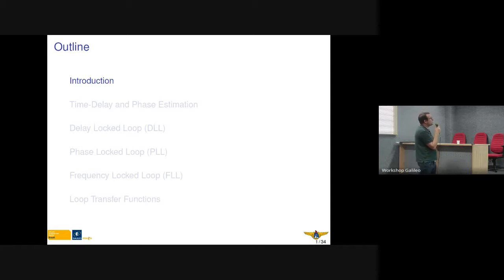And now we will consider the problem first of time delay and phase estimation. So during this course, you also have seen maximum likelihood estimator for time delay estimation, time Doppler estimation, and now you will see time phase estimation. And then later we will extend this also to time phase frequency estimation.